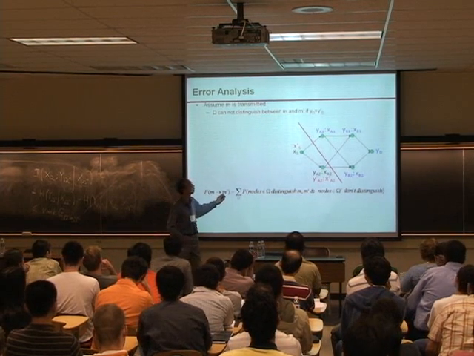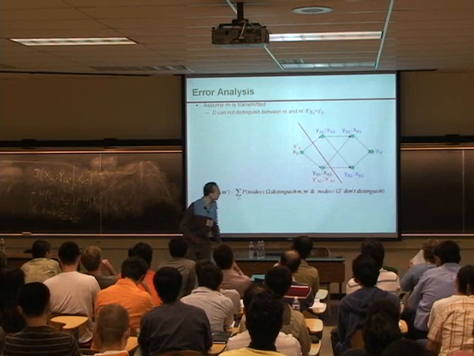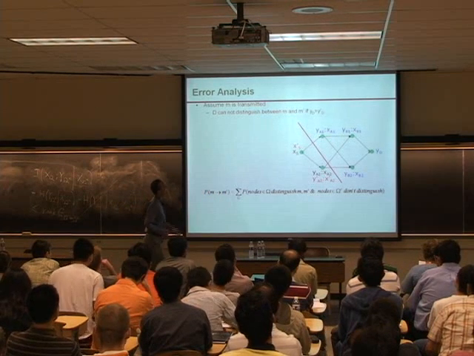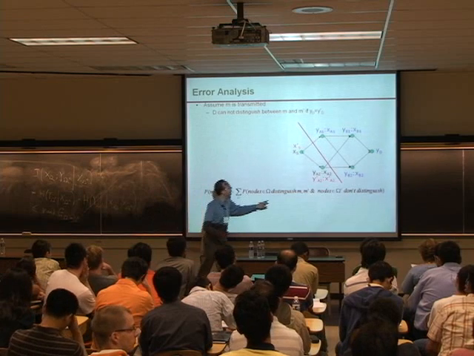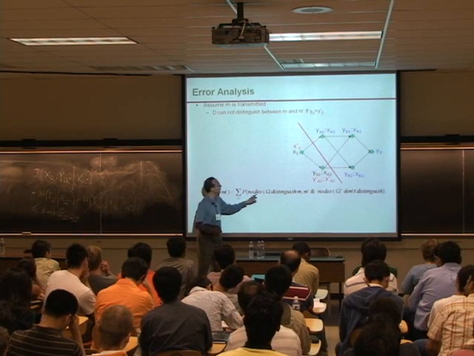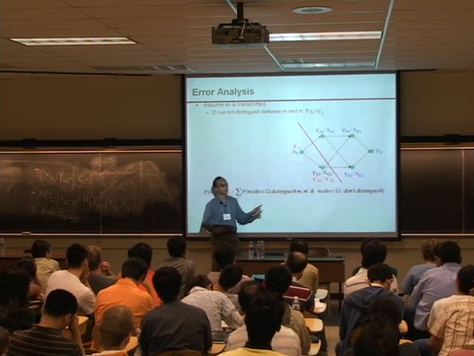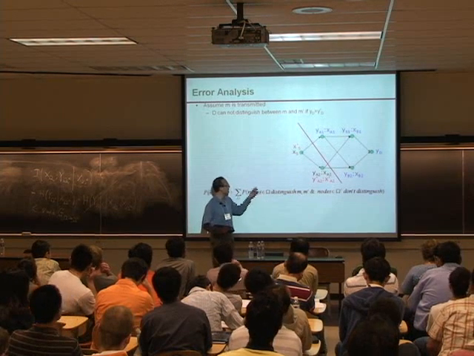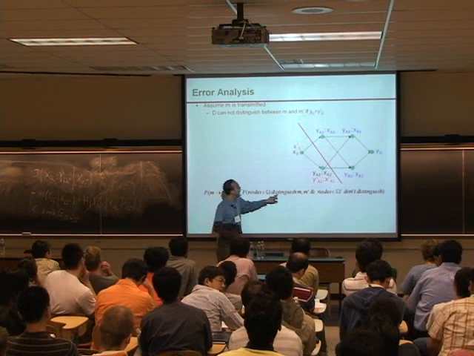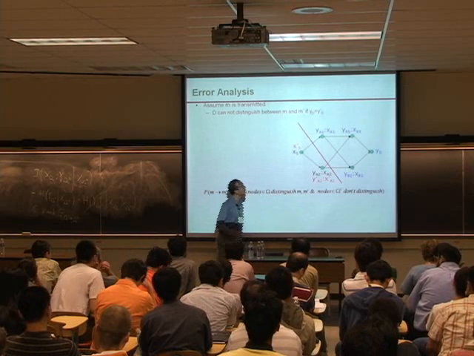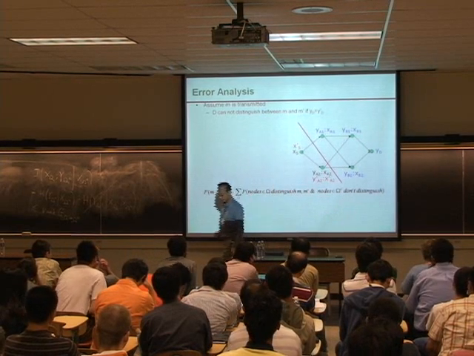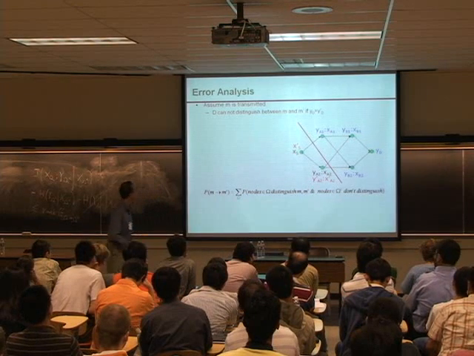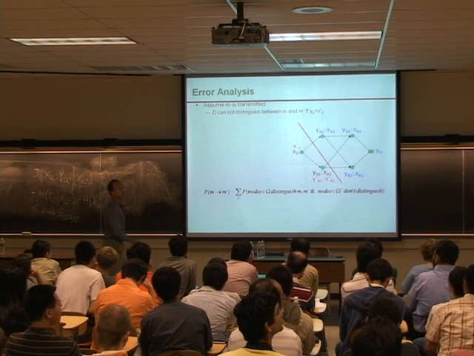The pairwise error probability is equal to the sum of a bunch of events where each event corresponds to a cut of omega and omega complement. In this cut, nodes in omega can distinguish M and M prime, and nodes in omega complement cannot distinguish them.